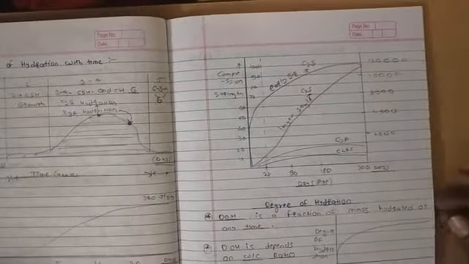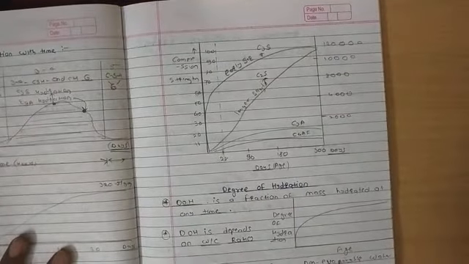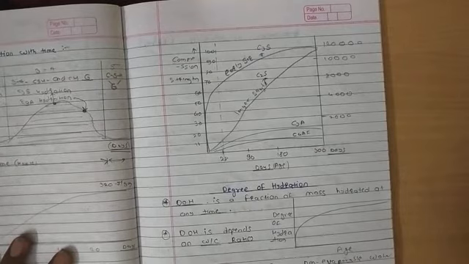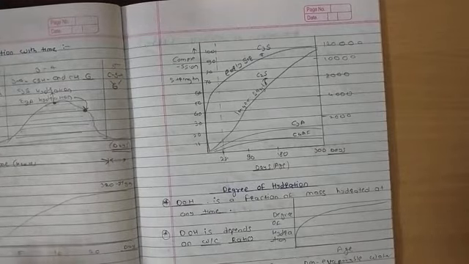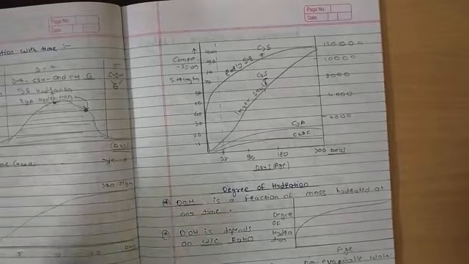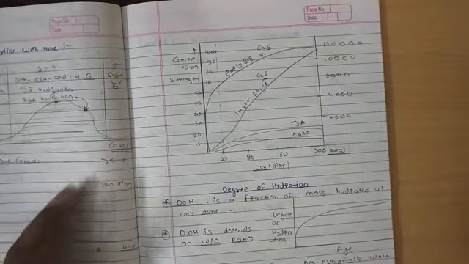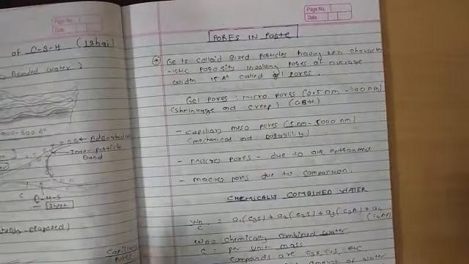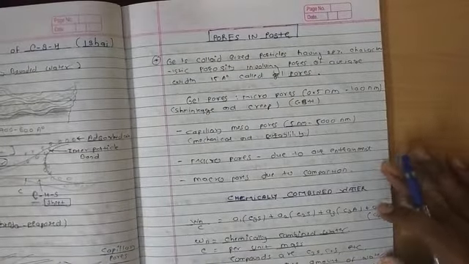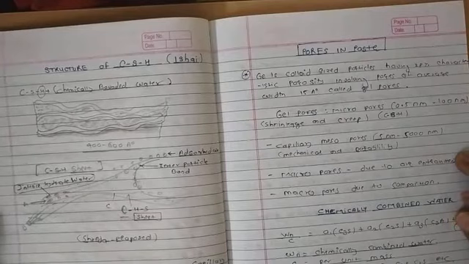Degree of hydration is nothing but the fraction of mass hydrated at any time. Hydrated at any time means it has done its reaction and provided strength to the concrete. There are structures of CSH gel.